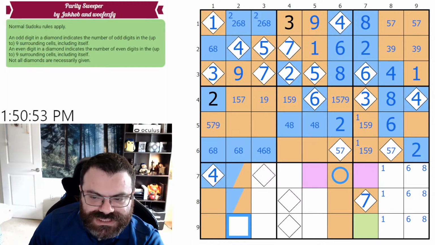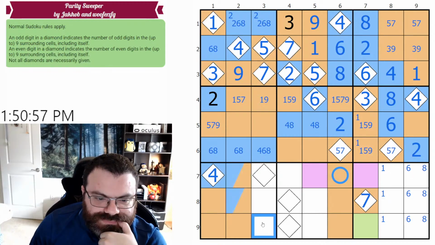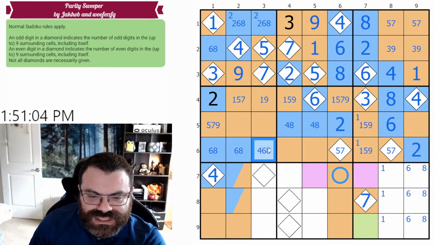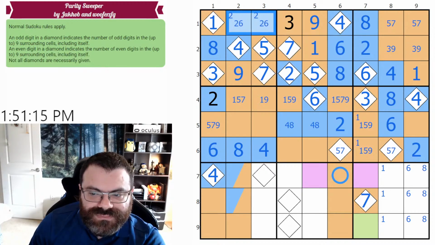So this has to be odd because this is the last even. This 6, 8 means that's a 4. This 6 means that's an 8, that's a 6, that's an 8. 8 looks up. Oh, 8's in the box.